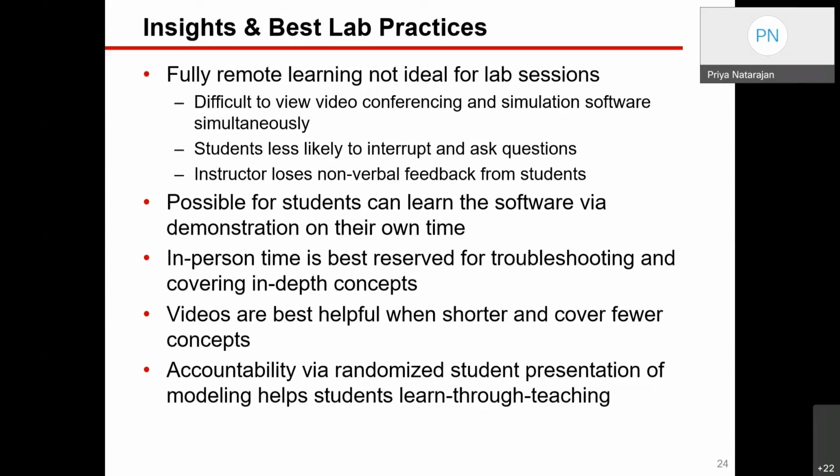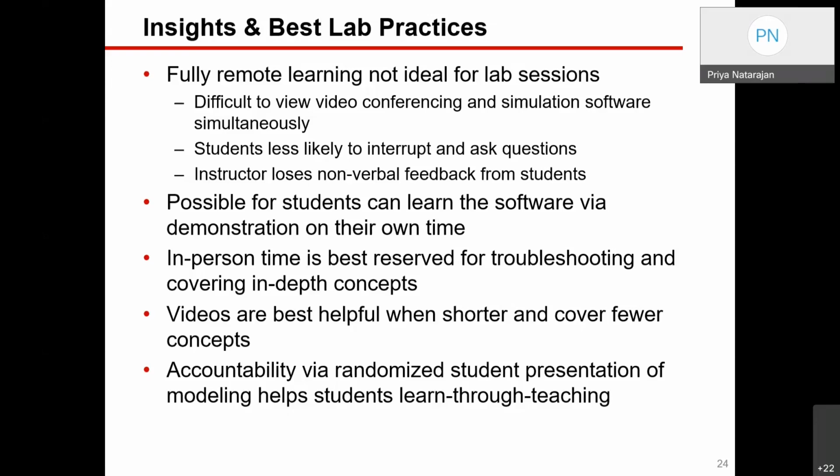So it is possible for the students to learn the software via demonstration on their own. In-person time is really best reserved for troubleshooting and covering in-depth concepts. Videos are helpful when they're shorter. We found that the longer videos just don't get watched, whereas the shorter videos are watched multiple times.